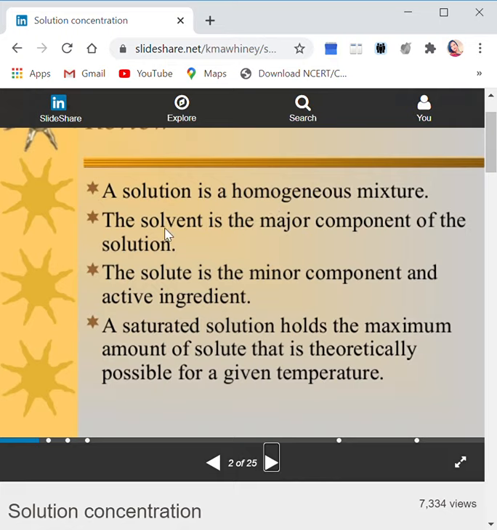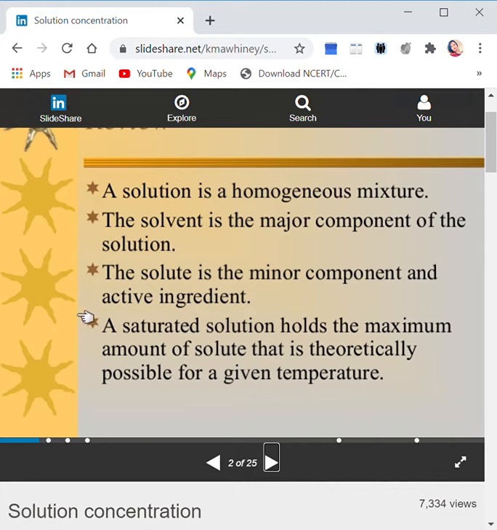Next point is the solvent is the major component of the solution. We have done this, that solvent is always the one which is in larger quantity. Okay. Next, the solute is the minor component. We also have done this, that solute is the one which is in smaller quantity.